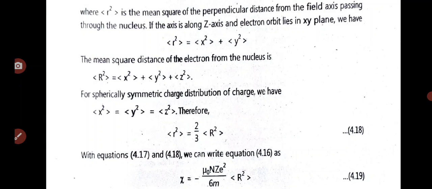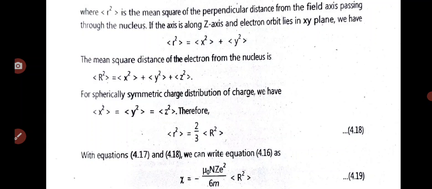For a spherically symmetric charge distribution, the expectation of x square, y square and z square are equal. So the expectation value of R square is given as 2 by 3 the expectation of capital R square. This is the mathematical part, which further completes this chapter.